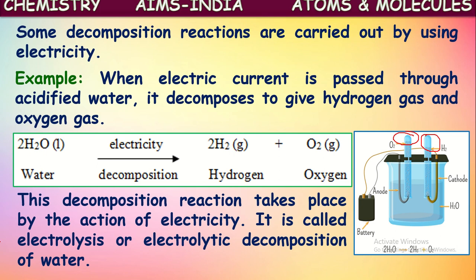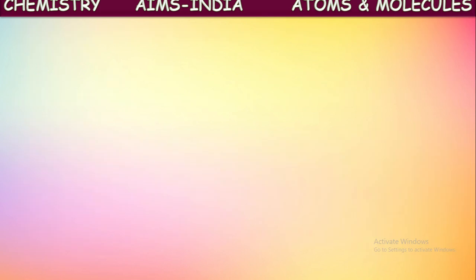Electro means electricity. Lysis means splitting. So the splitting of water into hydrogen and oxygen is occurring in the presence of electricity. This is called electrolysis of water. We call it simply electrolysis of water, or electrolytic decomposition of water. Okay. So this is a decomposition reaction which is occurring in the presence of electricity.